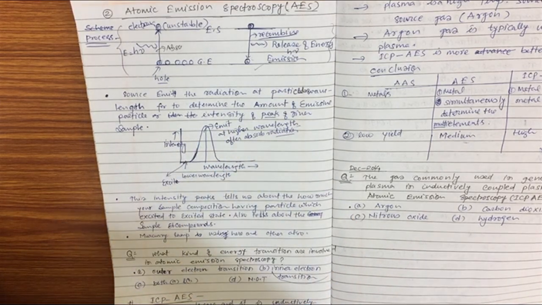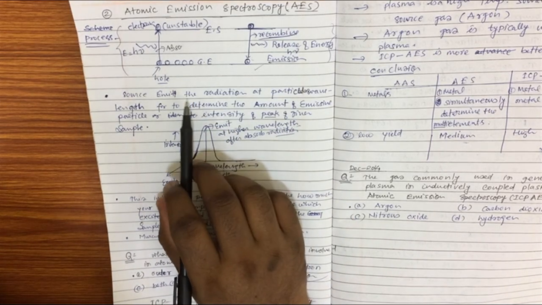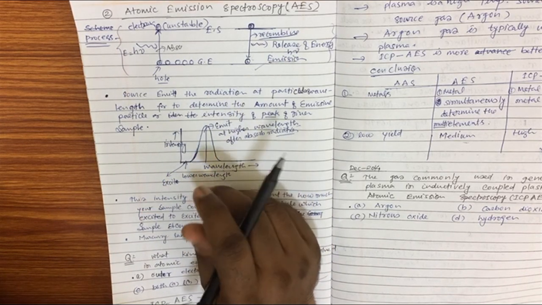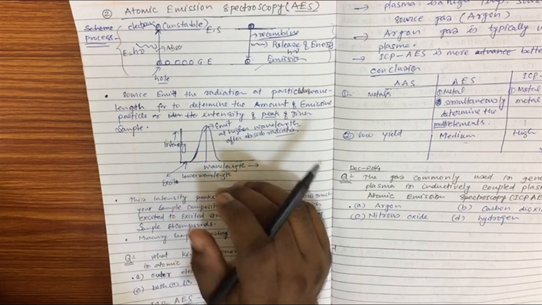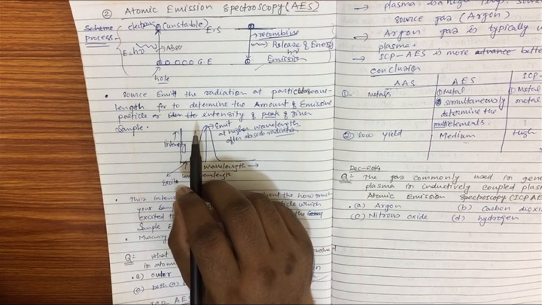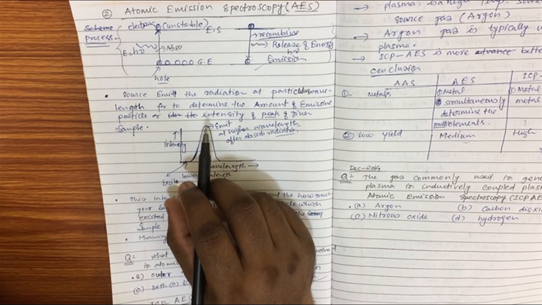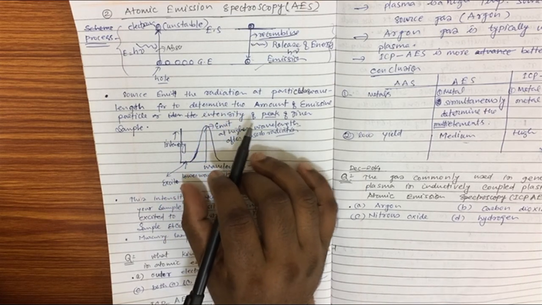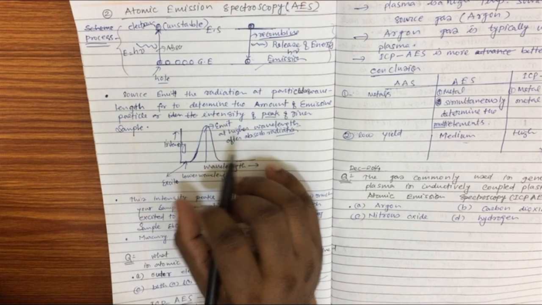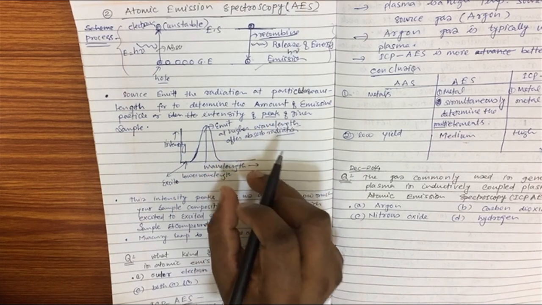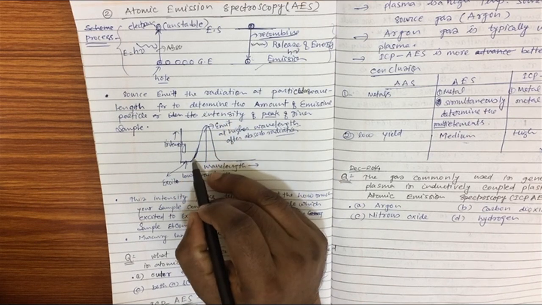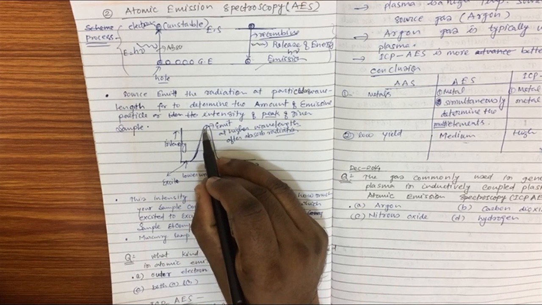What does it mean? When a source of radiation at a particular wavelength excites the molecule, you get information about how much of your particle is excited. That excitation indicates the intensity of peaks.